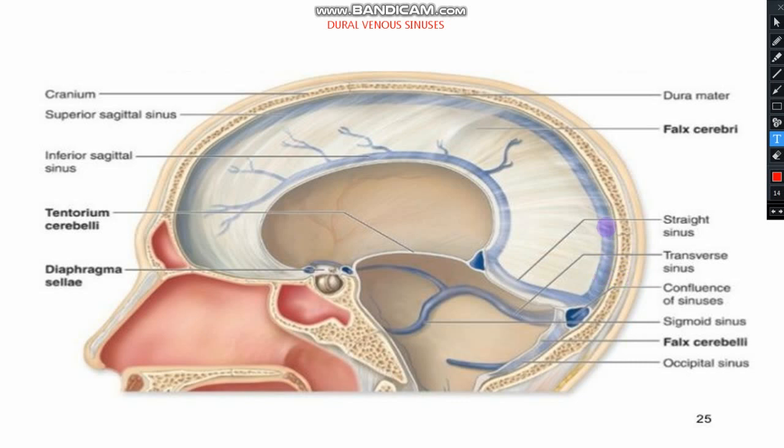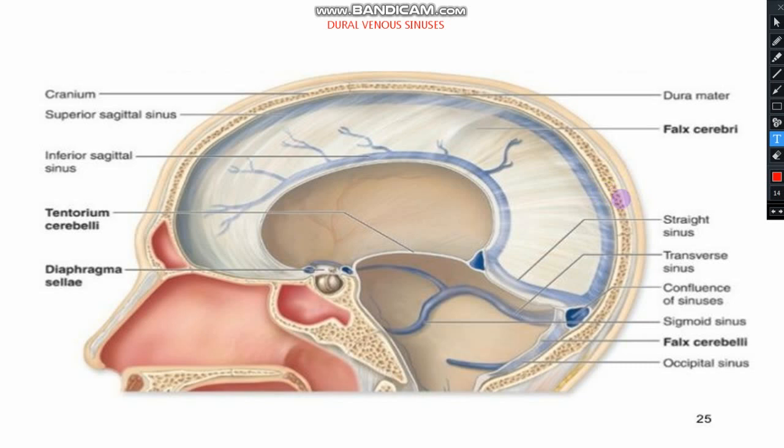They absorb the CSF, and they receive blood from the valveless emissary veins, the emissary veins which connect extracranial with intracranial.